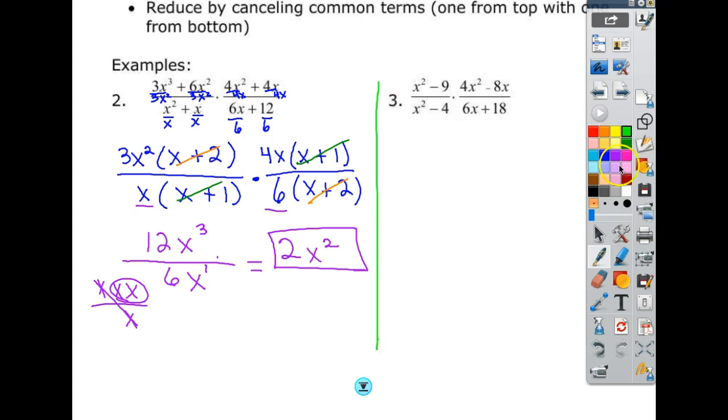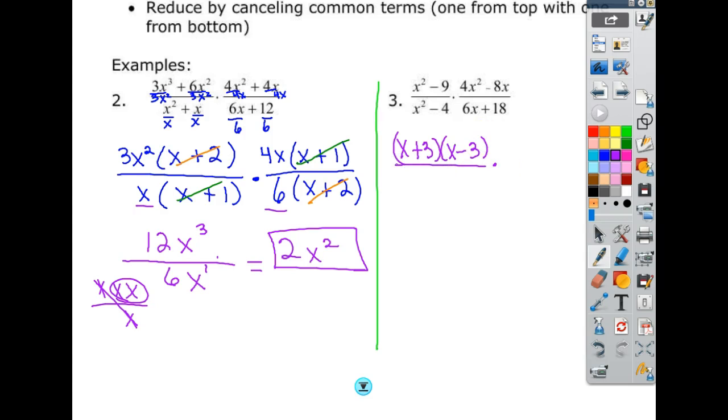let's do this one. How does this factor? x squared minus 9. It's one of those super easy ones. They're perfect squares, and it's a difference because it's minus, so it's a difference of two squares: x plus 3, x minus 3. How does it factor on the bottom?